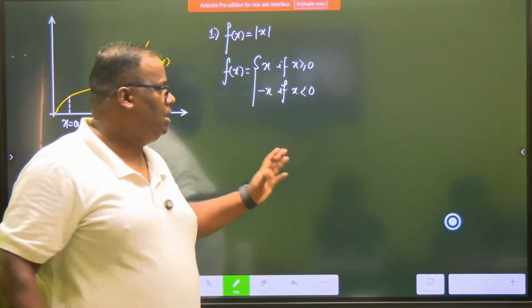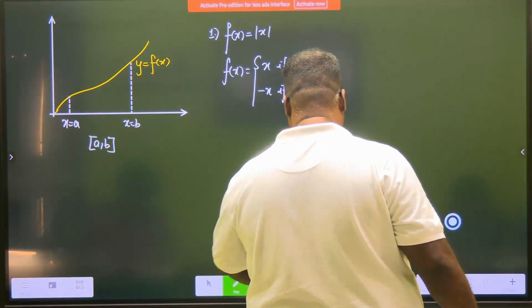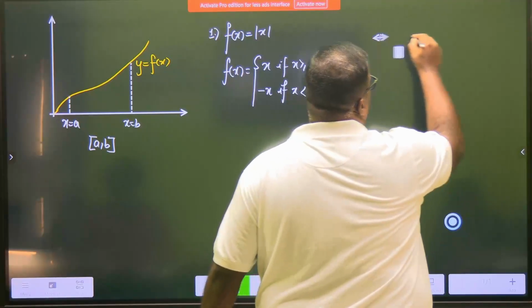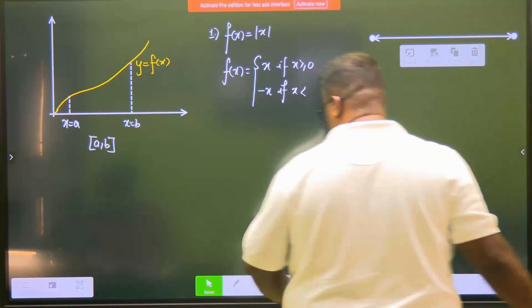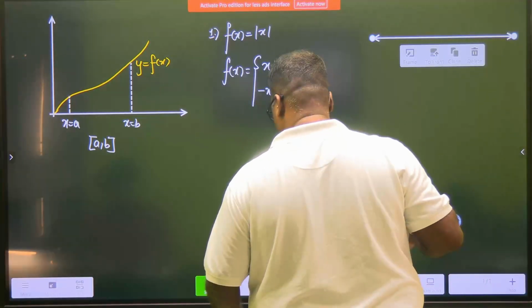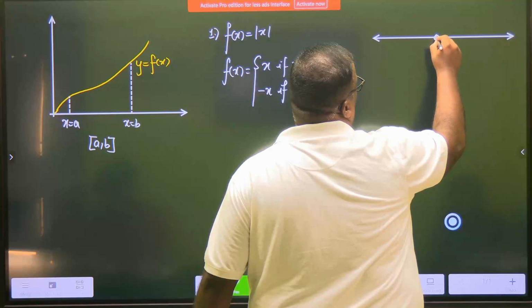So one way of looking at this problem is somewhat like this. Let's say everything is happening around a point which is, say, 0. This is 0, 0 included.